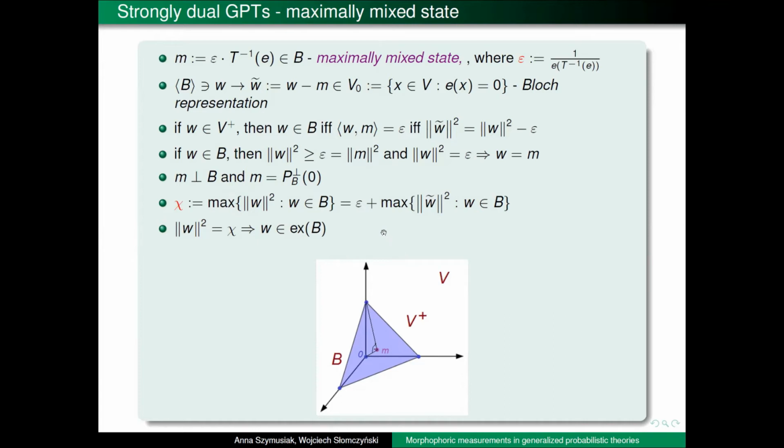What is important here, we have two numbers. The first one we call epsilon, and it is the squared distance of this maximally mixed state from 0, and the other one is called chi, and is the maximal distance of a state from 0.